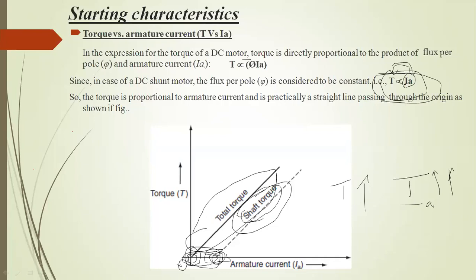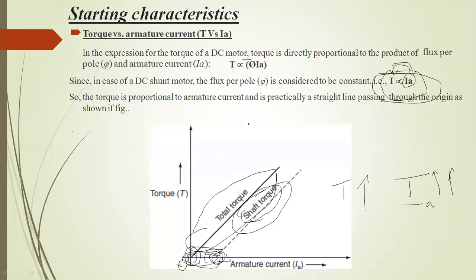For that, we are going to damage the motor, because at the time of starting, if the current passes very heavily to the armature, then some harmful effects are going to happen in the motor. So due to this, DC motors cannot develop a high starting torque. This is especially true for shunt motors.